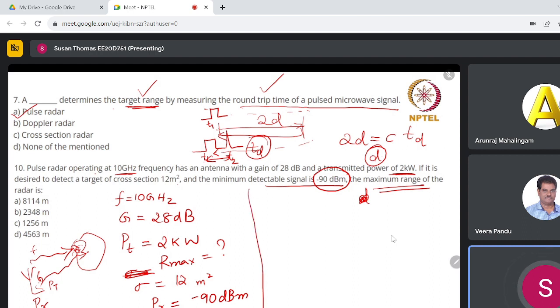Now, can we use the equation PR is equal to PT G squared lambda squared sigma by 4 pi whole cube R raised to 4? I hope you remember this equation.